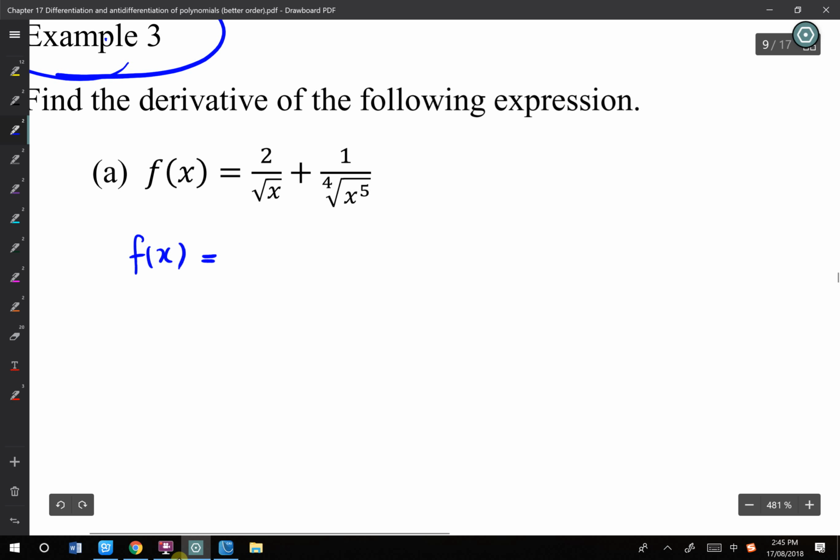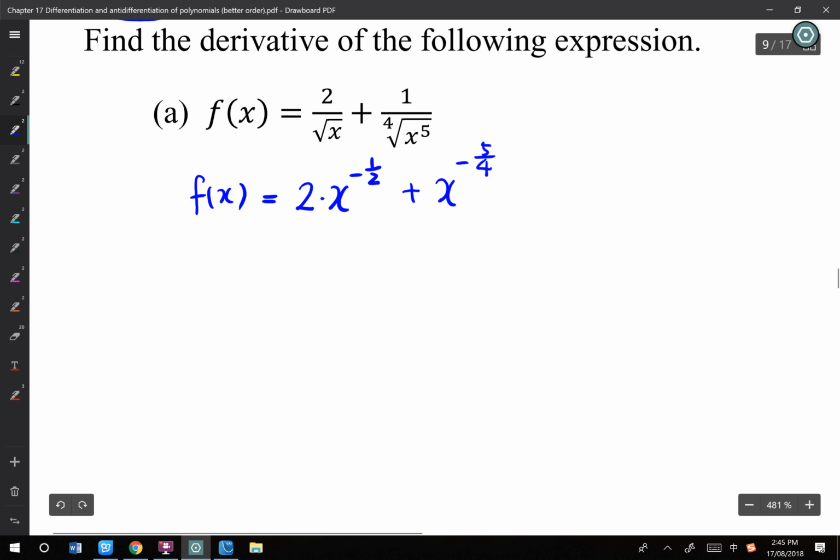f x equals 2 times x to the power of negative 1/2 plus x to the power of negative 5/4. Okay, power first over the root. So that's how I will make this function become in powers first. Now it's alright to differentiate.